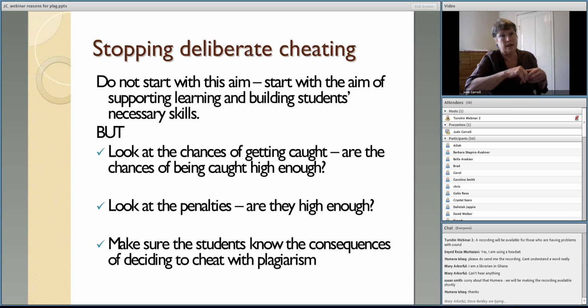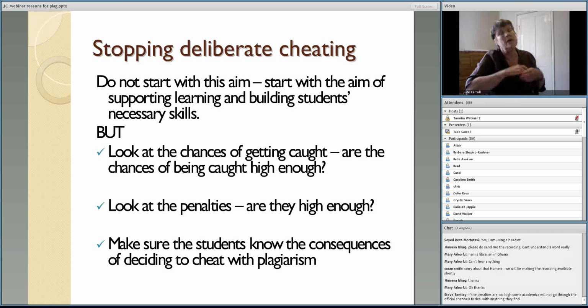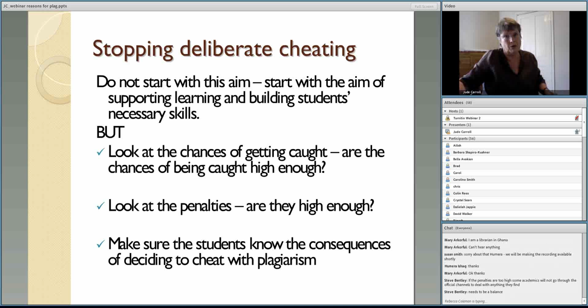I think that the consequences of asking someone to do your work for you for money are so severe, in my view, that some very serious penalties, including asking the student to leave the course, should apply and should apply generally. One of the things I find as I travel around the world is that many, many more universities also take this approach, where if you use a commissioning site, they tend to throw you out. And you need to make sure that the students know the consequences. What are the consequences if I decide to cheat with plagiarism?